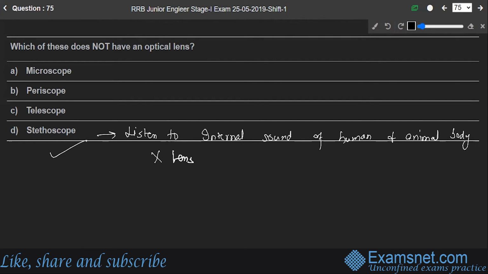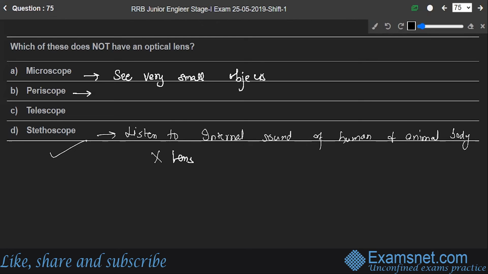Microscope, periscope, telescope, they do have lenses. Stethoscope is a medical device used to listen to sound, so it doesn't need any lens as such. Whereas microscopes are devices used to see very small objects. And then you have the periscopes.